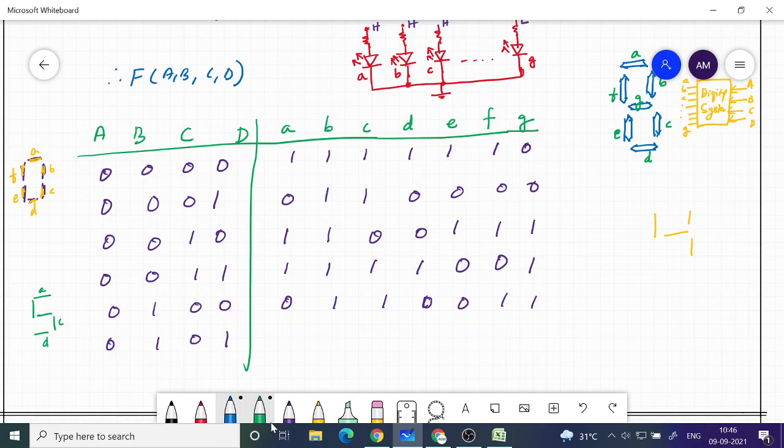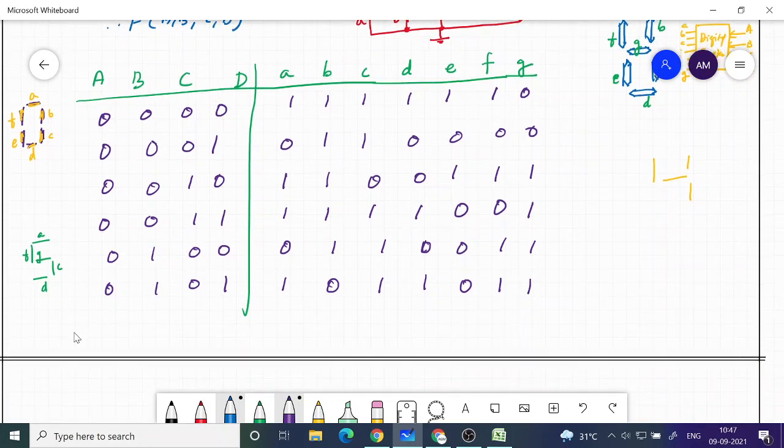C, D, E, F, G. So A should be 1, C should be 1, D should be 1, F should be 1, and G should be 1. B and E should be 0. Okay, next, 0, 1, 1, 0.